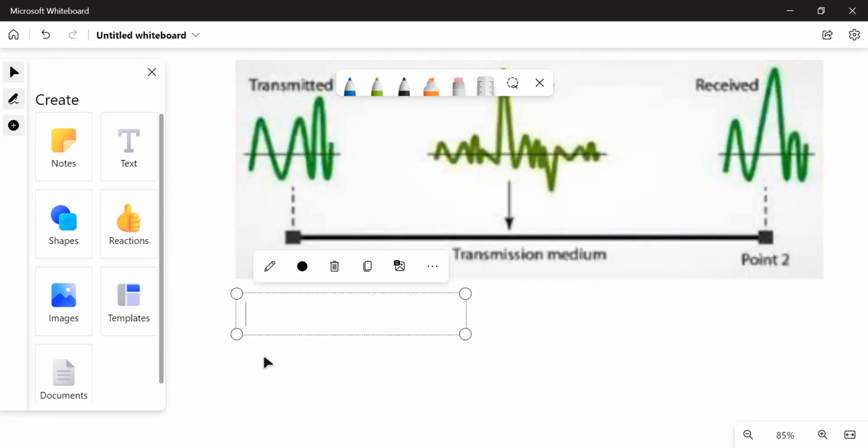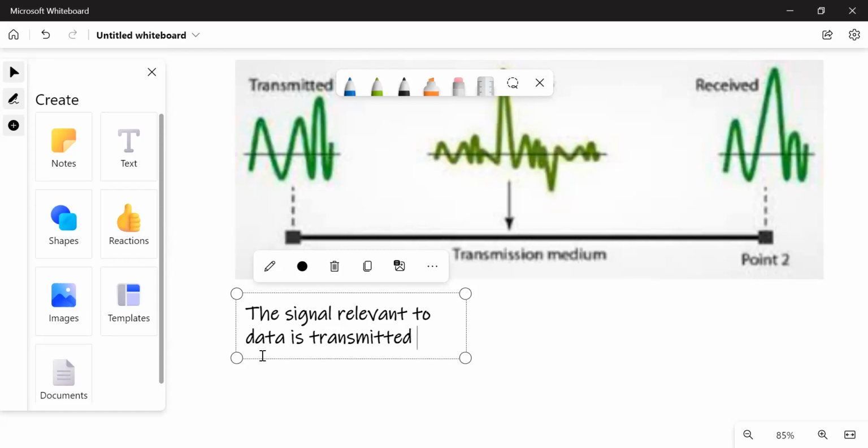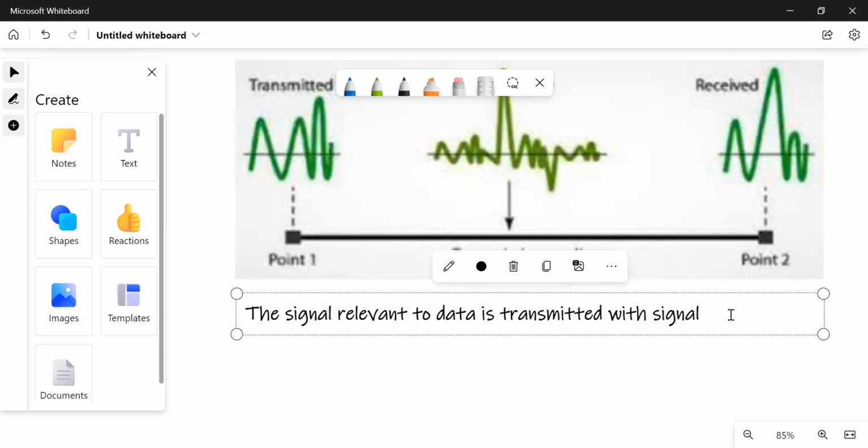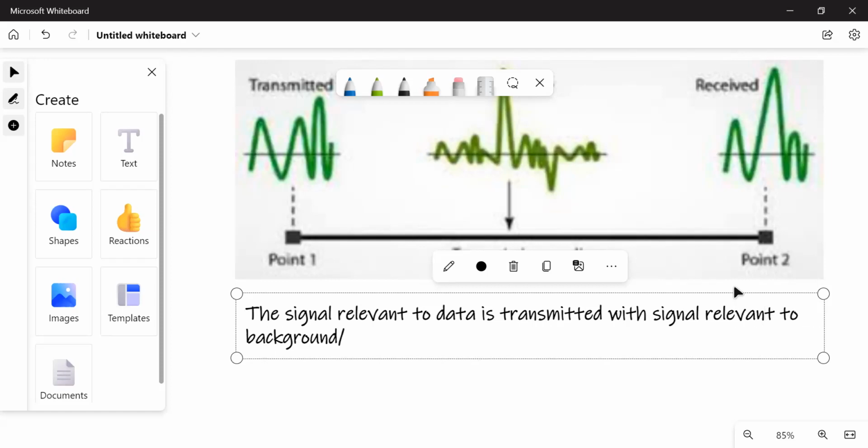Under noise, the signal relevant to data is transmitted with signal relevant to background, which is not important, external.